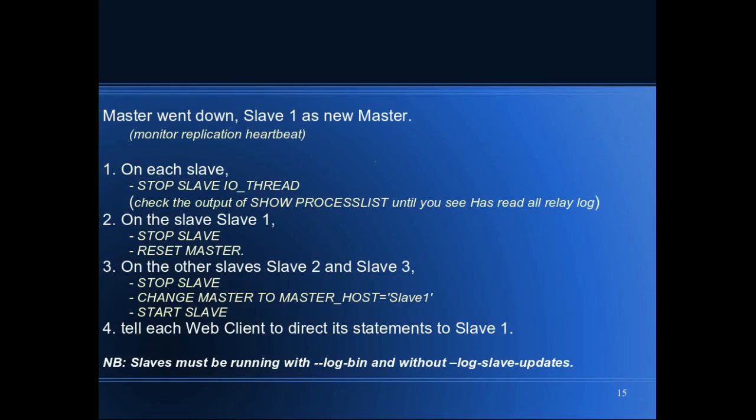So we have to reset this master. That means we are removing this particular statement, so it's not pointing to any master and it acts as a master. So we have to write the scripts.